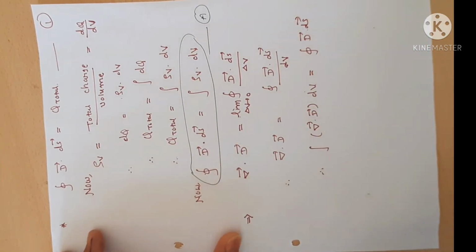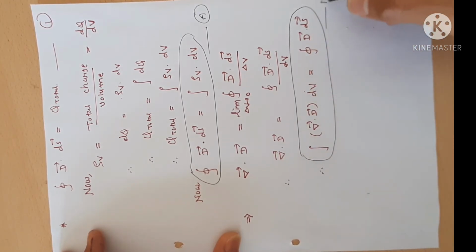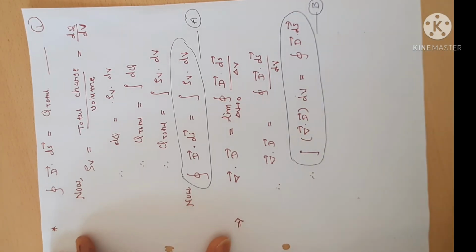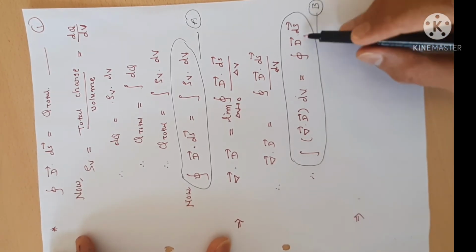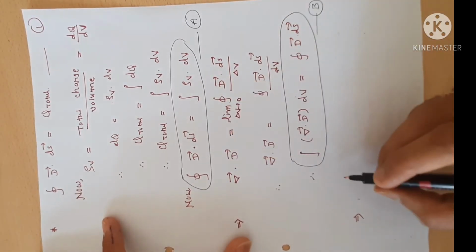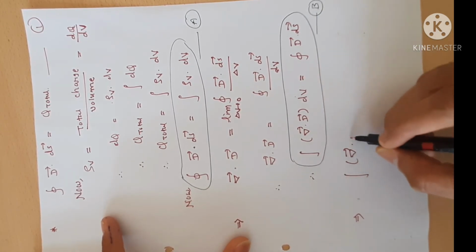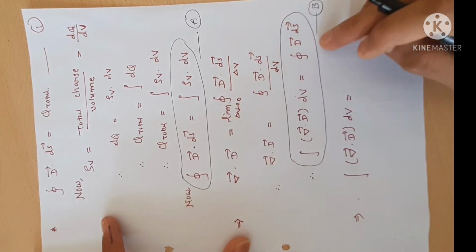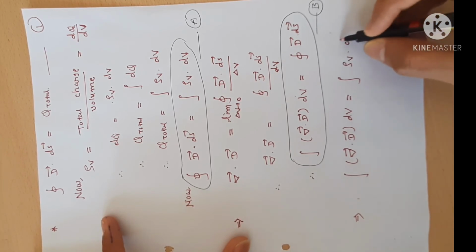Now, as you can see, I have a total of two equations, equation A and equation B. If I equate these two equations, here it is D dot ds, and here it is D dot ds. So we can write integration del dot D dv is equal to integration rho v into dv.